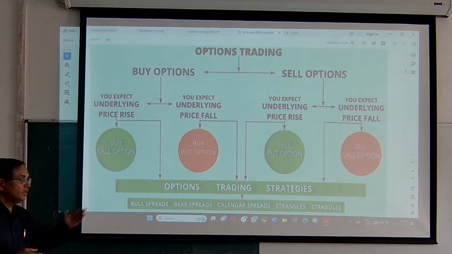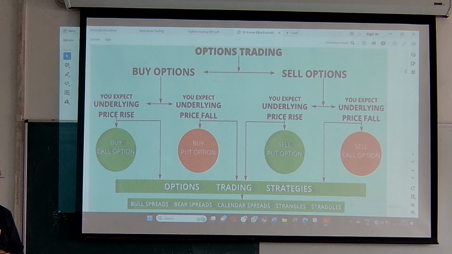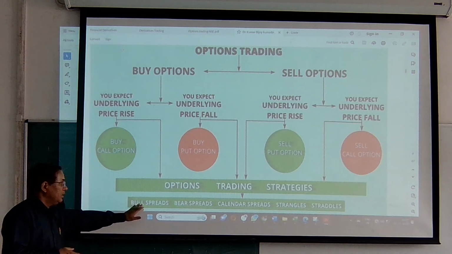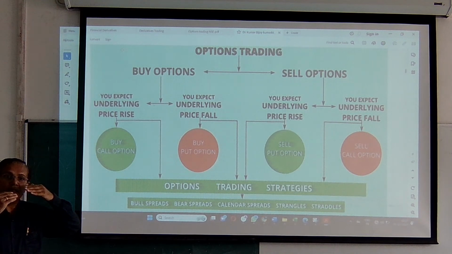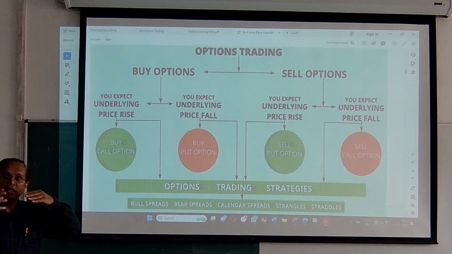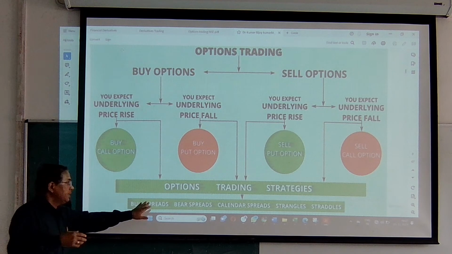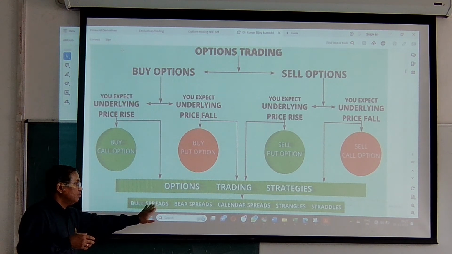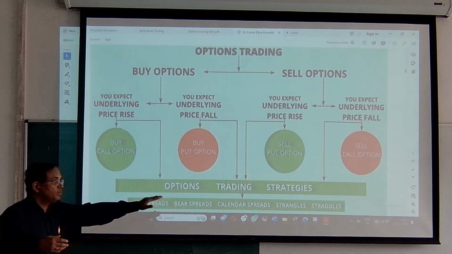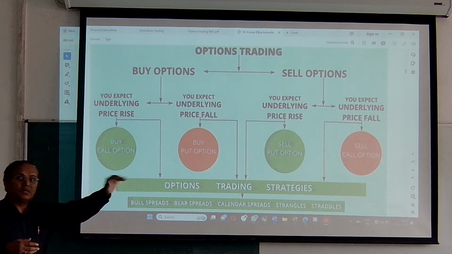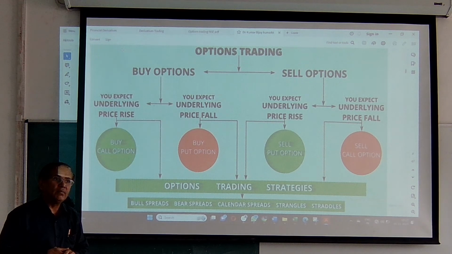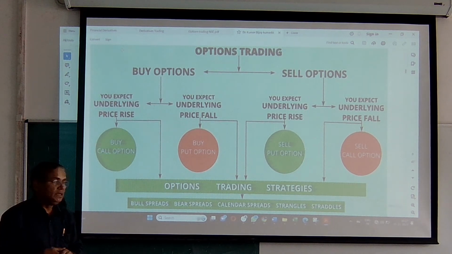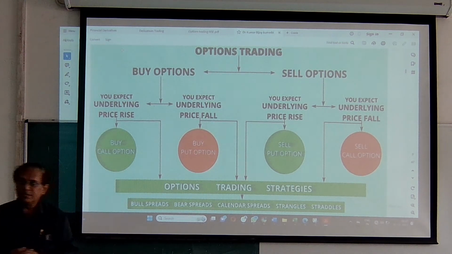When market is bearish, a different strategy could be there. And if there is a difference of the two product prices, that is called a spread, one can take care through a spread. So bull spread, bear spread, calendar spread, strangles, straddles, butterfly, condor, and like that various strategies could be developed, right? That's the way it works.